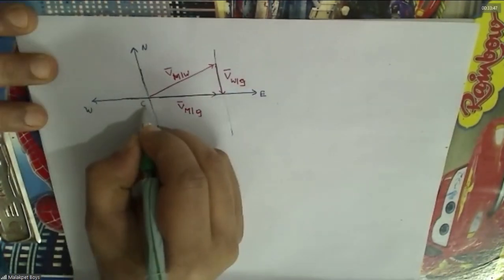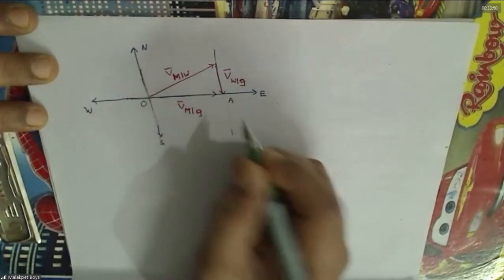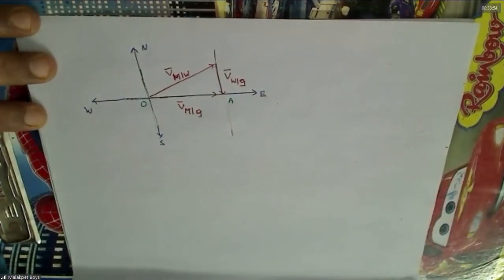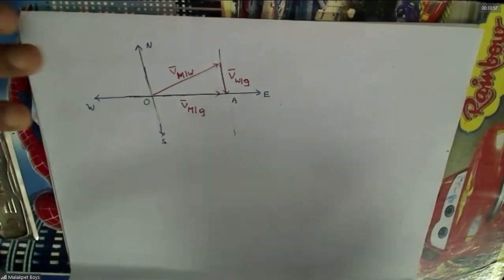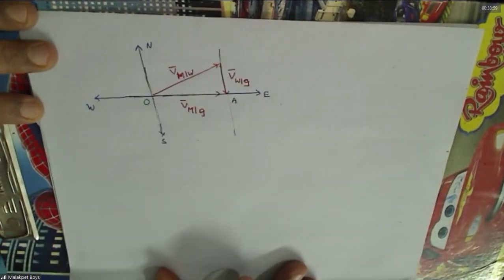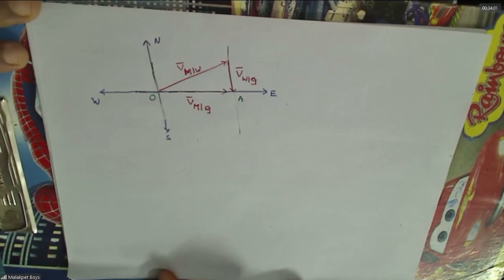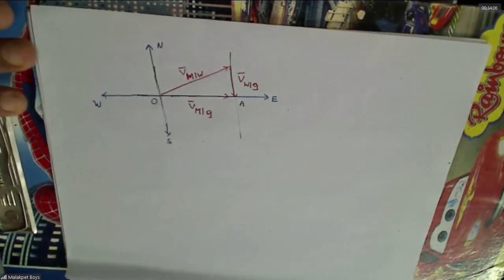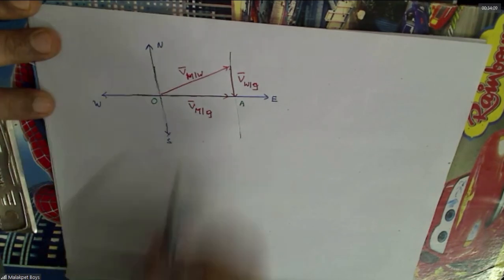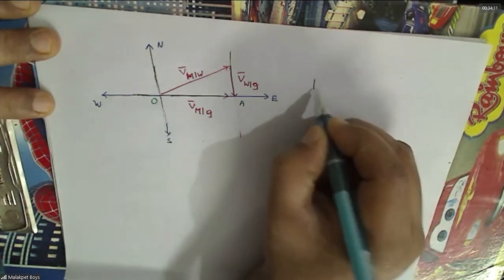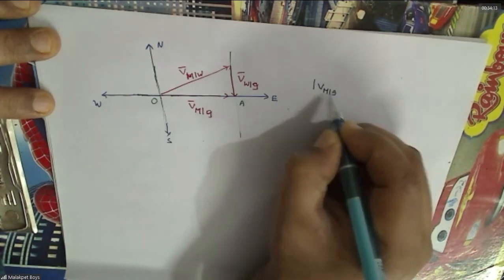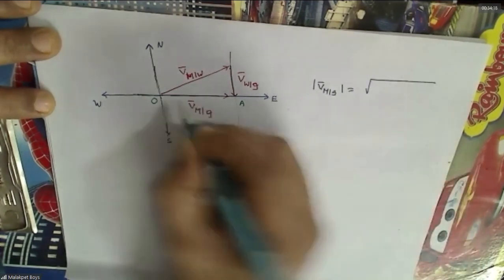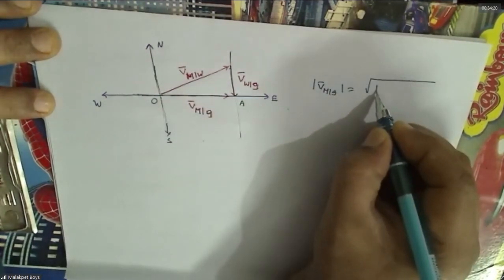That fellow starts here, he wants to reach here. Understood the vector diagram or not? The heart of physics is vectors only. So many people find physics difficult because they neglect vectors. Now what he is asking is velocity of man with respect to ground. You can see that from this diagram by Pythagoras theorem.